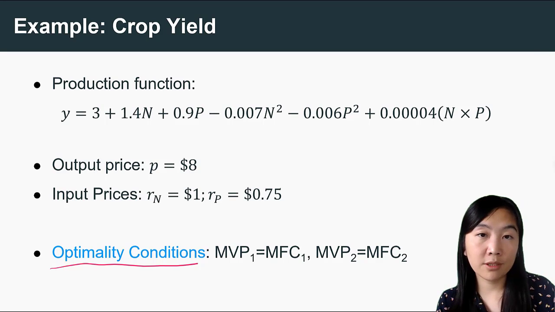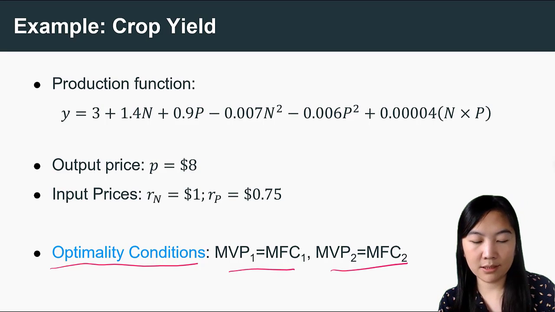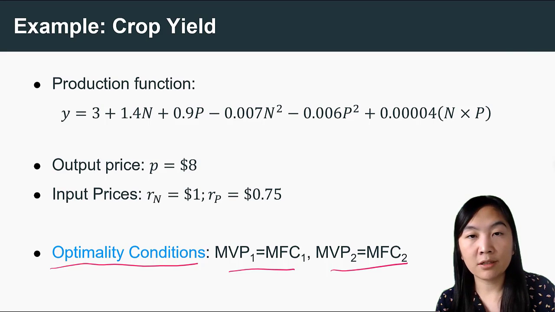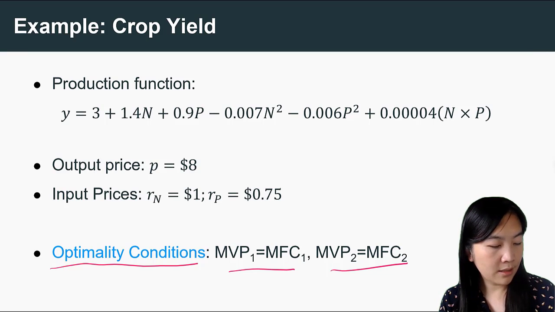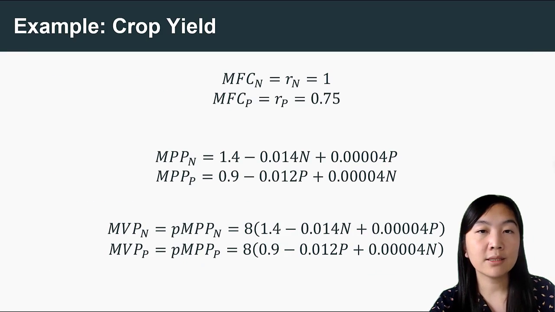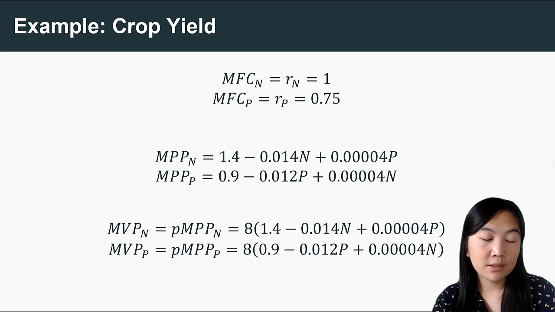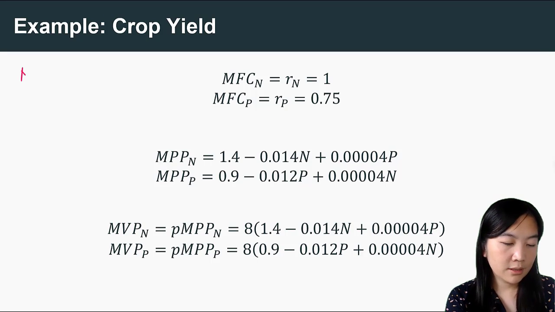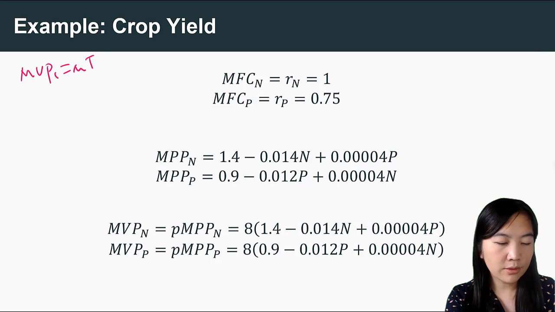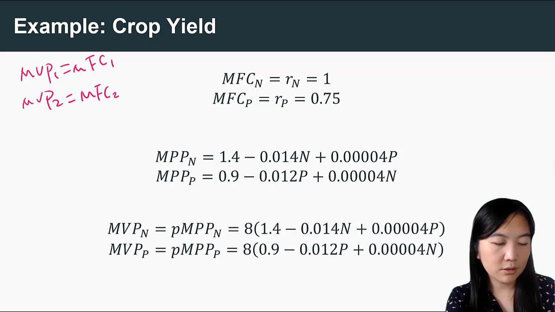Remember, for two-input use there are two optimality conditions: the MVP for a particular input should be equal to the MFC for that input. Let's do this step by step. So we have two conditions: MVP1 equals MFC1, and MVP2 equals MFC2.